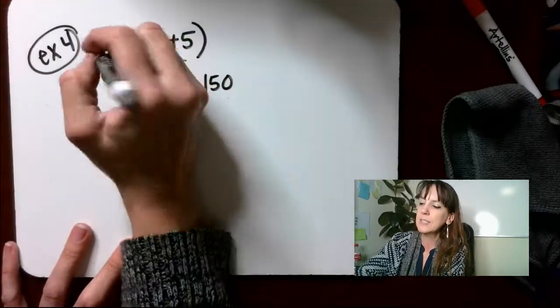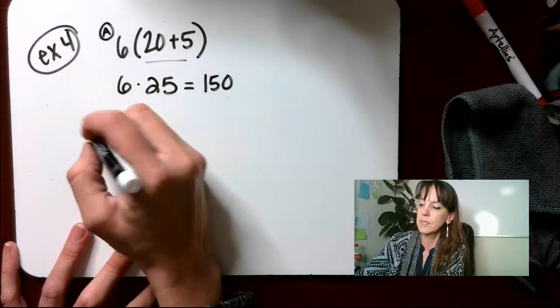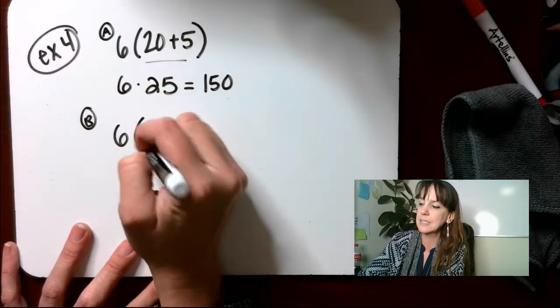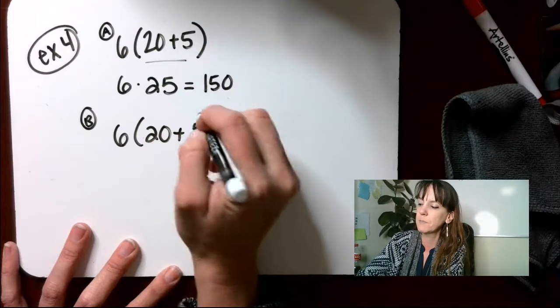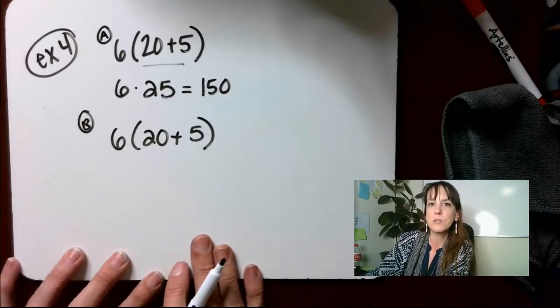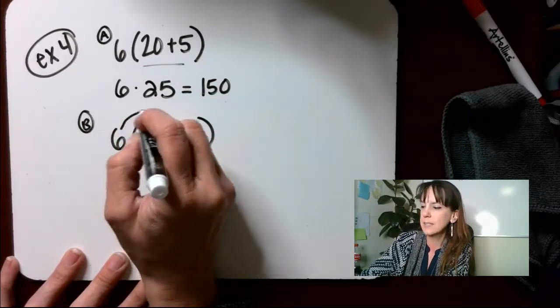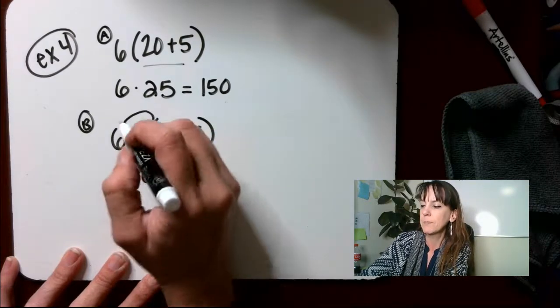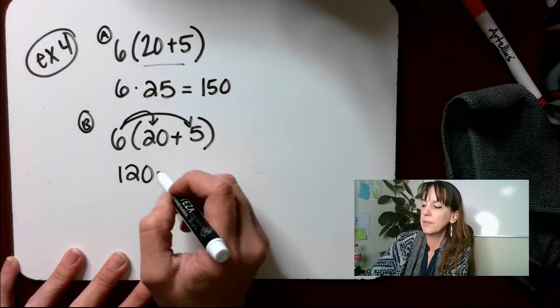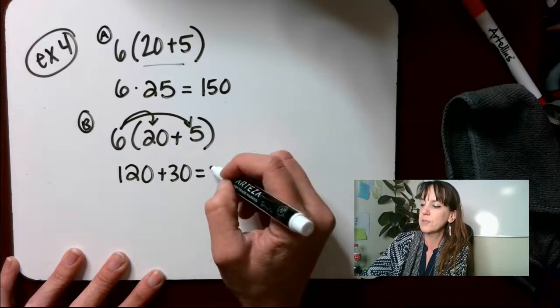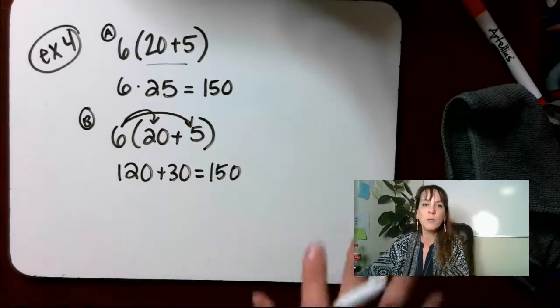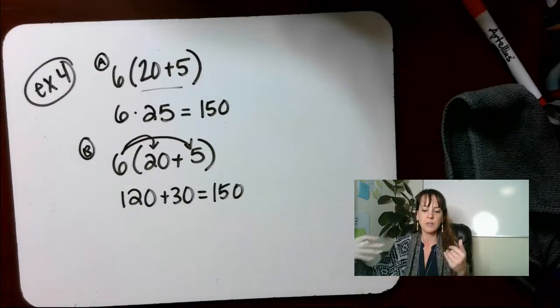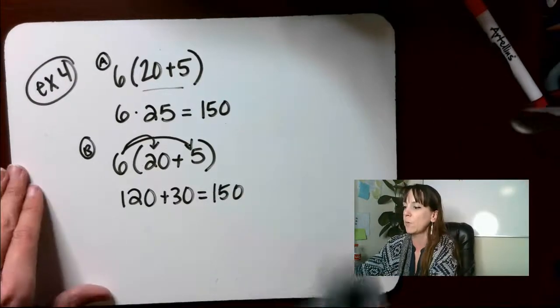Okay, this is the first way. The second way is like this, 6(20 plus 5). Now we're going to use the distributive method where we take this times this. So that gives us 6 times 20 is 120. 6 times 5 is 30, which gives us 150. You see, both ways we get the same answer, but now you can see how and why that works.